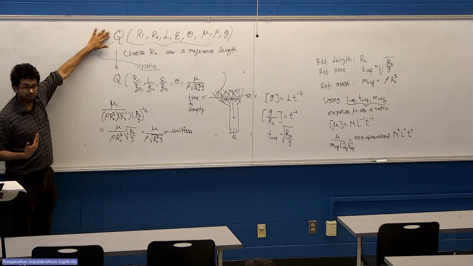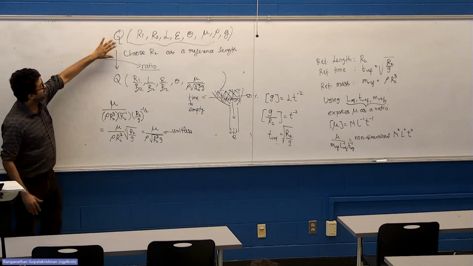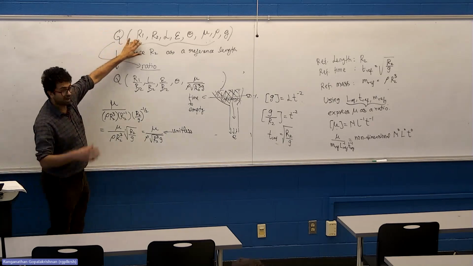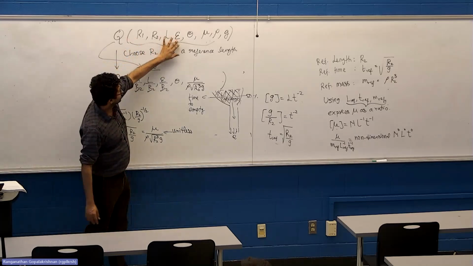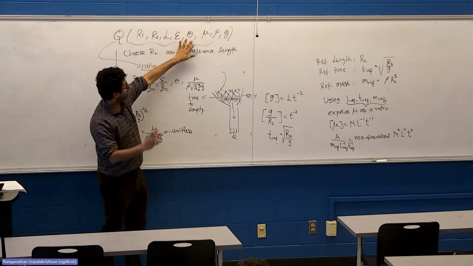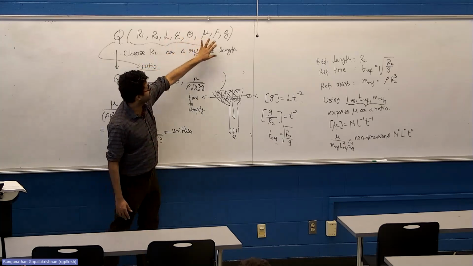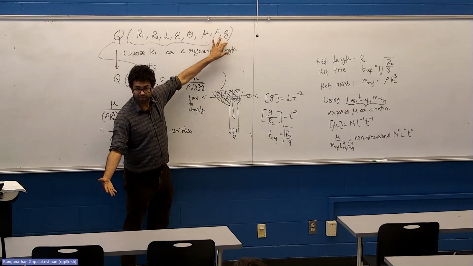That is, we want to study the flow rate through the funnel as a function of all the quantities that influence it. And the list we have is the upper radius, the tube radius, the length of the tube, the surface roughness of the funnel, the angle of the funnel, viscosity of the fluid, density of the fluid, and acceleration due to gravity.